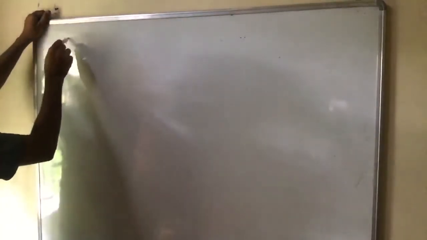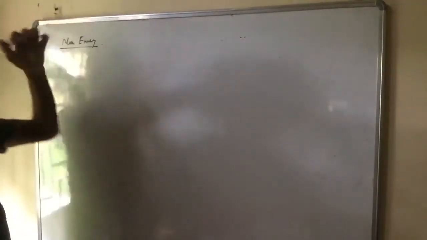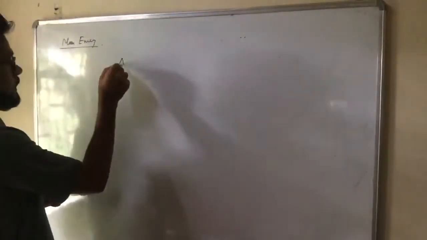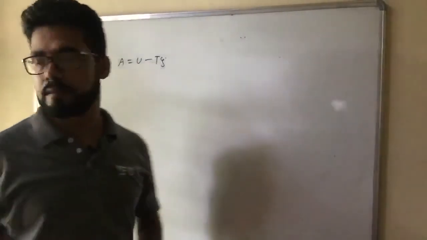Then next, I'm going to calculate the mean energy. How can you calculate mean energy? So only two formulas you have to remember. A equal to U minus TS. This formula. Okay.